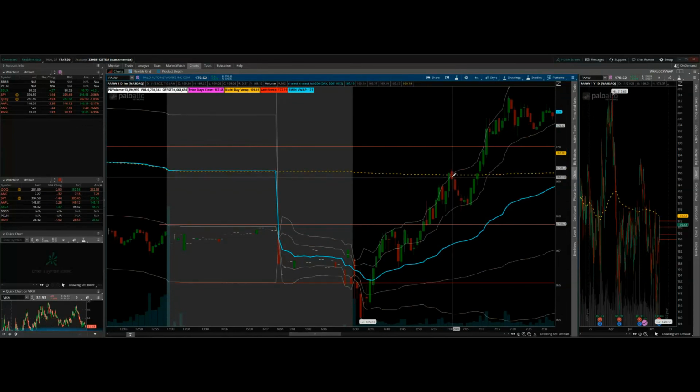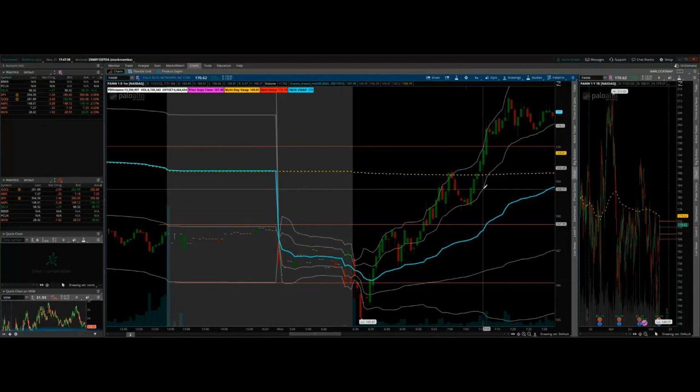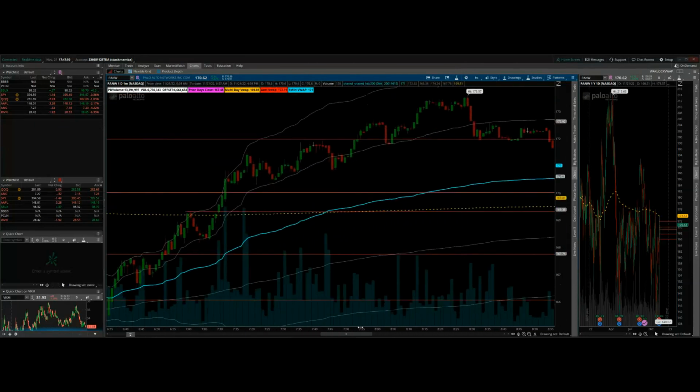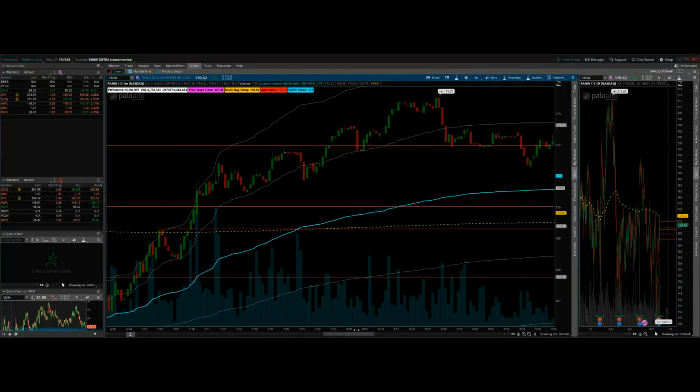Just notice how exactly to the multi-day that's where it comes to. It retraces. Look at the deviation band. Deviation band holds it up. Takes off again, breaks back above multi-day. Clear breakout. Man, golly, that's a big move.